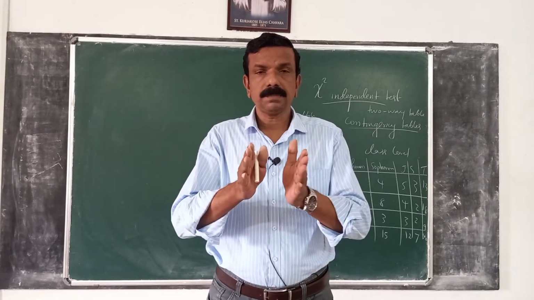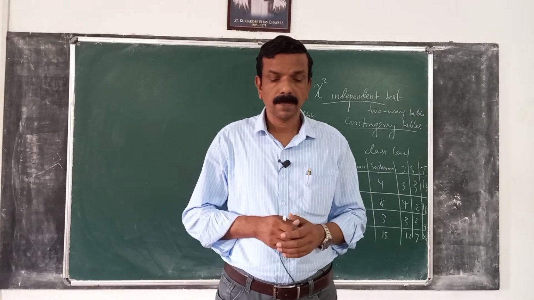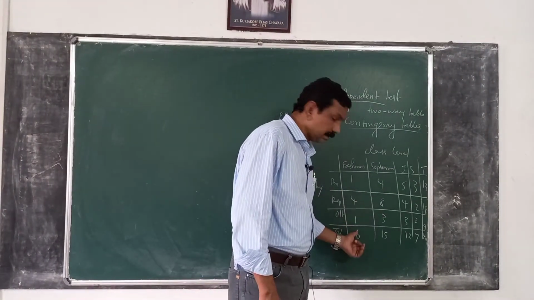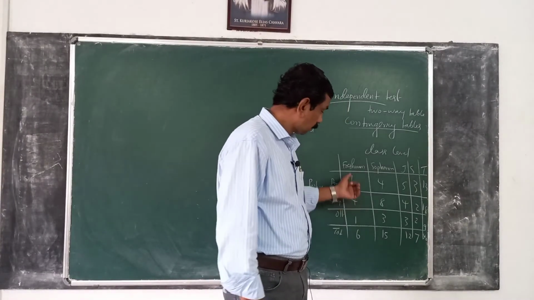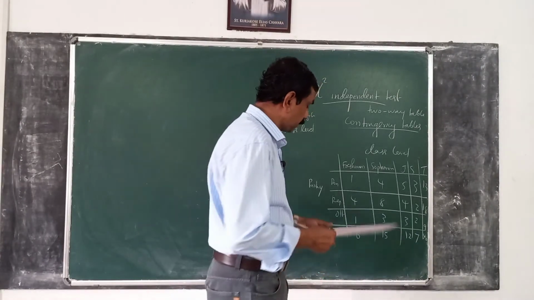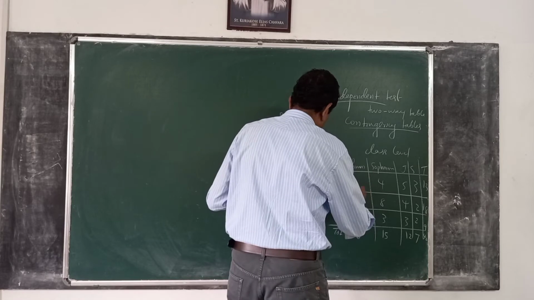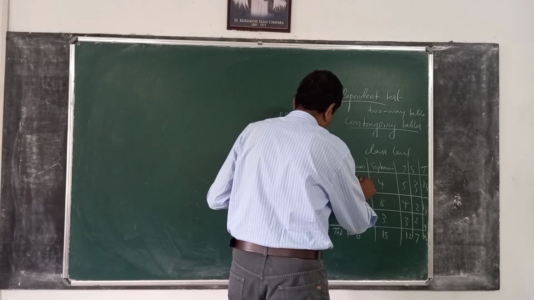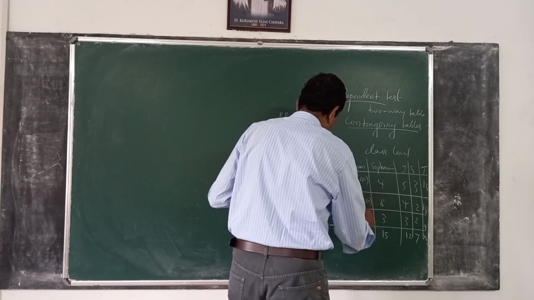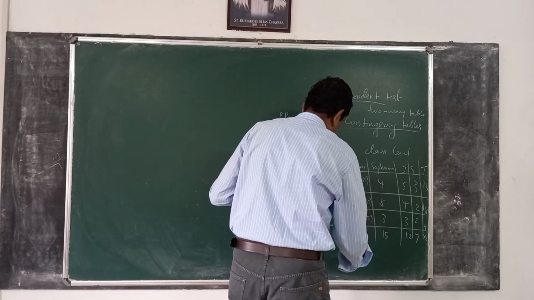Now, to obtain political party affiliation within each class, suppose that we divide each entry by the column total. If you divide each entry by the column total, you will get the values 0.167, 0.667, 0.167, 1.